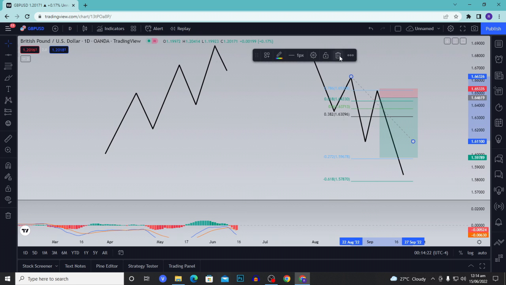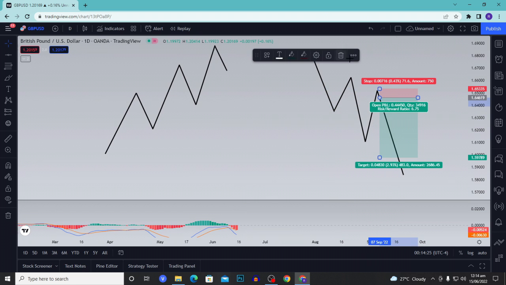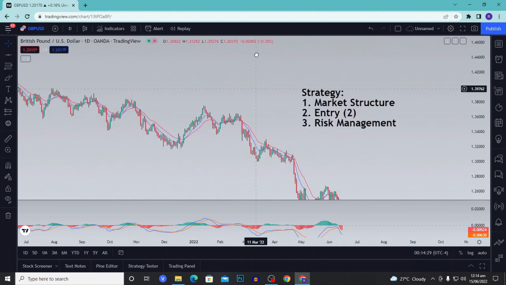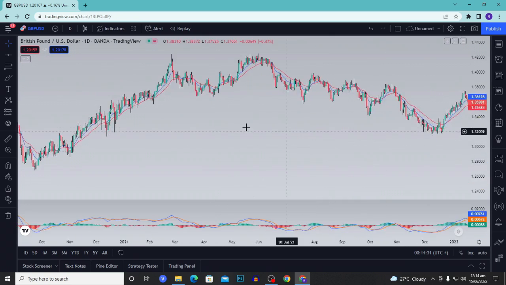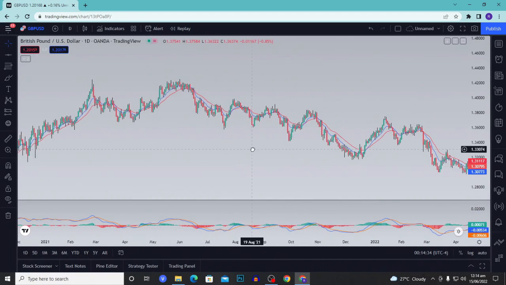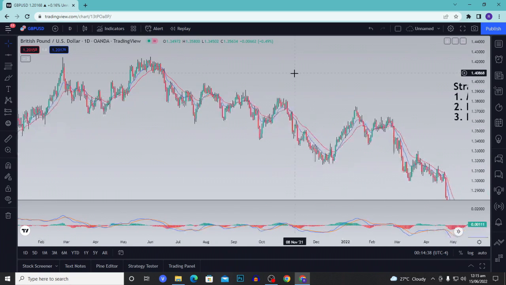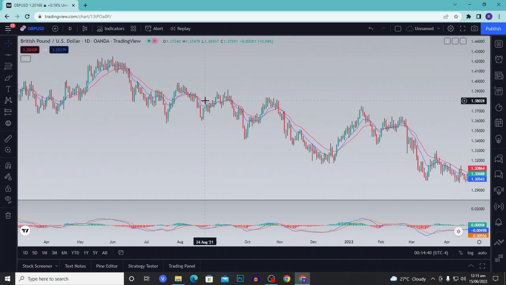Okay, now let's get into some chart examples. Let's look at this. As you can see here, price is clearly coming down. So the first thing you need to do is go to the daily time frame. We're already on the daily time frame.